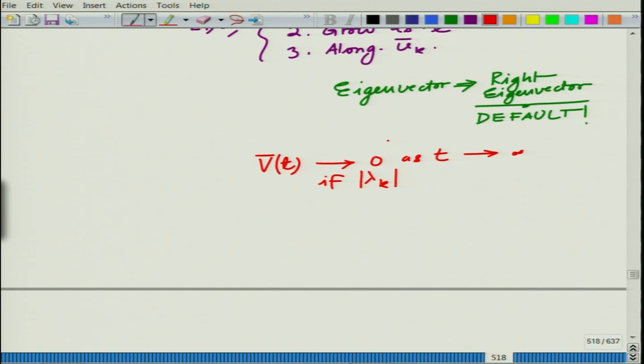Or you can say this is bounded if magnitude lambda k is less than 1.